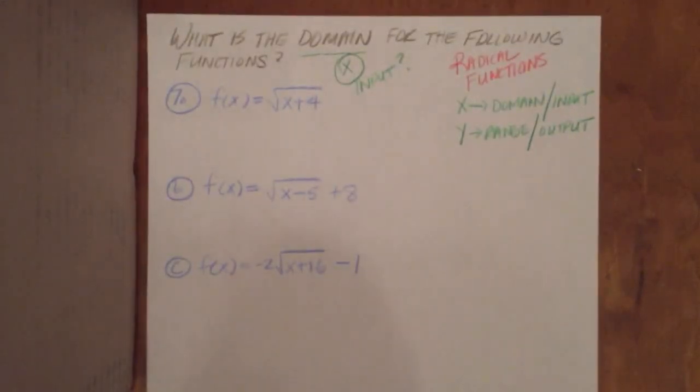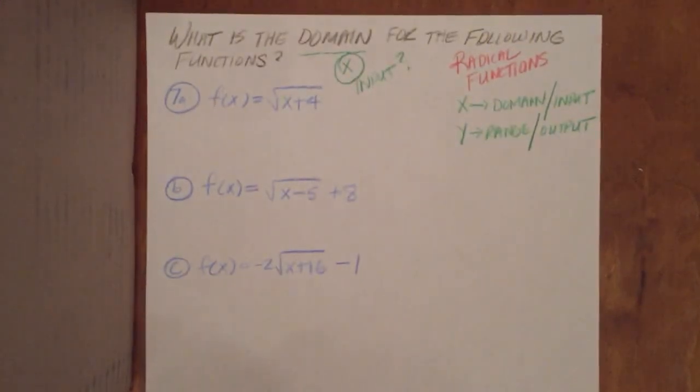So we're looking at what can we plug into these equations. Going back to the soda machine, your domain is going to be what you can actually input. If I walk up to a soda machine, I'm not going to be able to input a $100 bill, a penny, a 50-cent piece, or a $50 bill.